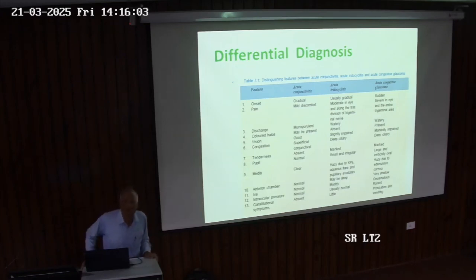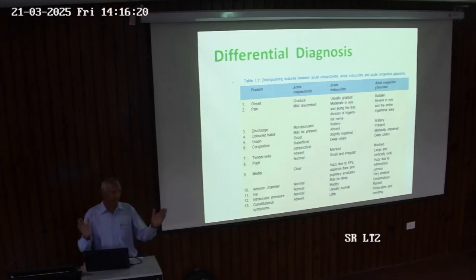One is conjunctivitis, acute conjunctivitis. Another is acute iridocyclitis that we are discussing today. And third is acute congestive glaucoma or narrow angle glaucoma. All three cause the red eye, so we have to differentiate.